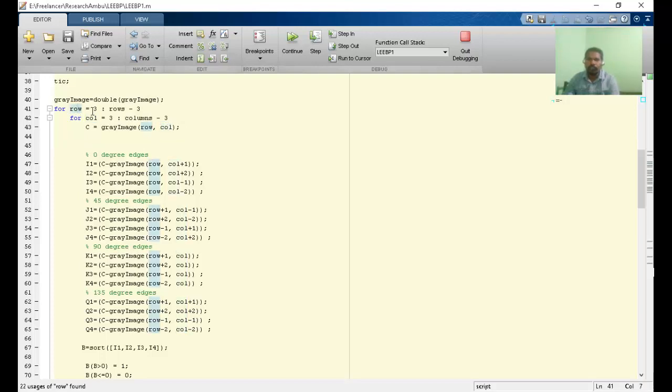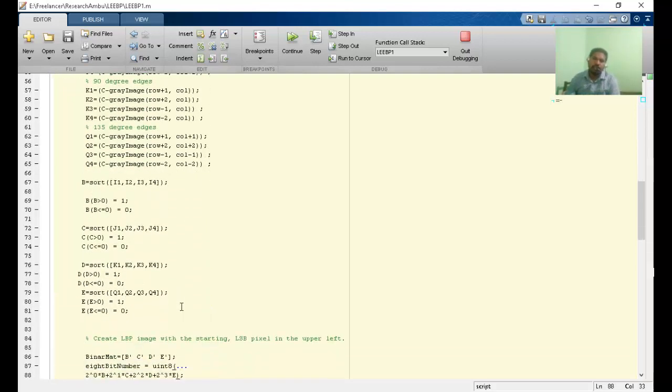The row is 3 to rows minus 3 and the column is 3 to columns minus 3. First we calculate the 0 degree edges, 45 degree edges, 90 degree edges and 135 degree edges. Then we do the sorting process, as already mentioned. Then it is converted into a binary pattern.